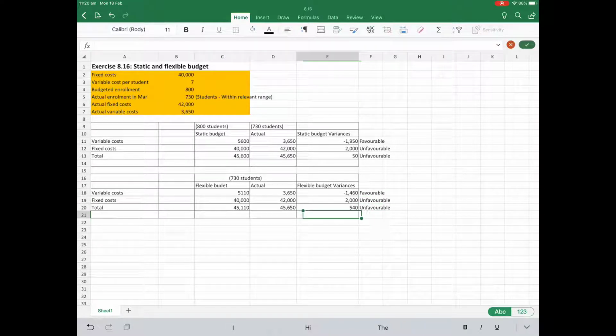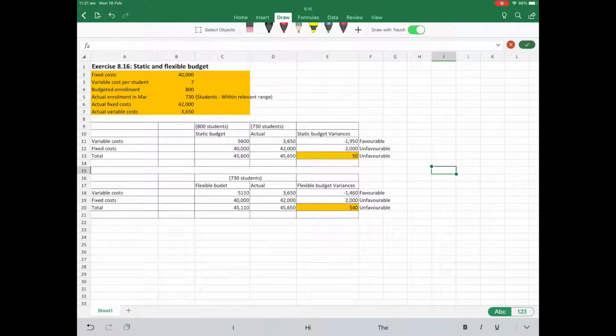Now the last question is asking you to compare this amount and this amount, and say which one is higher quality. The reason why we have this difference is that the static budget is based on 800 students, while the flexible budget is based on the actual number of students.